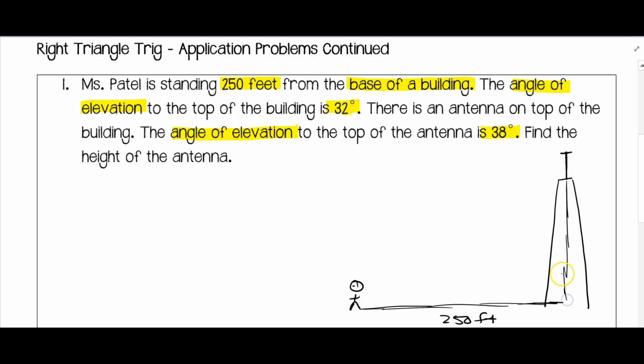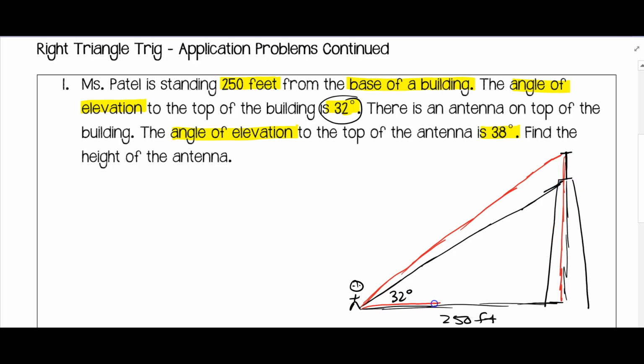So here's one right triangle. We've got an angle of elevation to the top of the building. That's going to be 32 degrees. And then let's switch colors. I've got an angle of elevation to the top of the antenna. So I have another right triangle here in red.